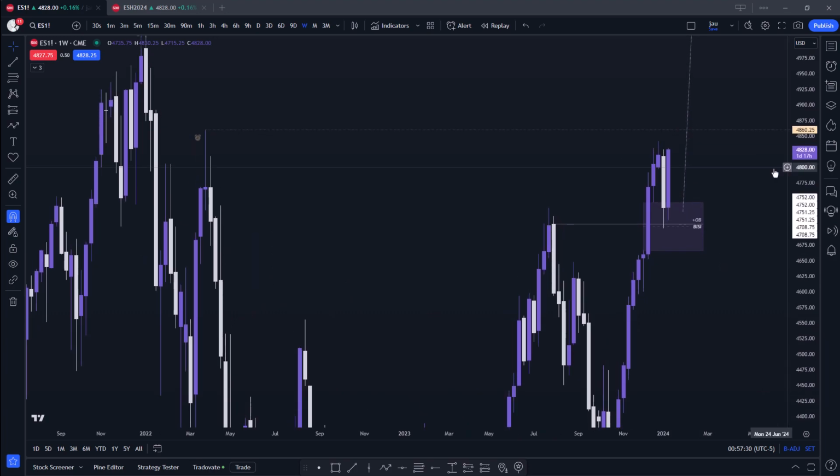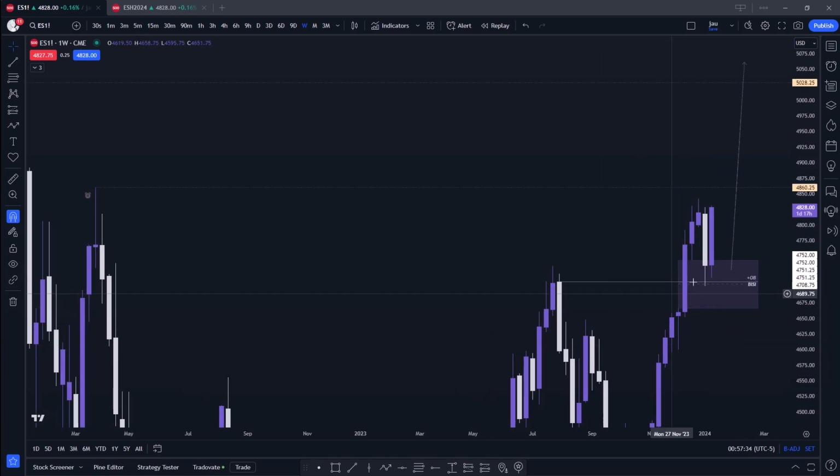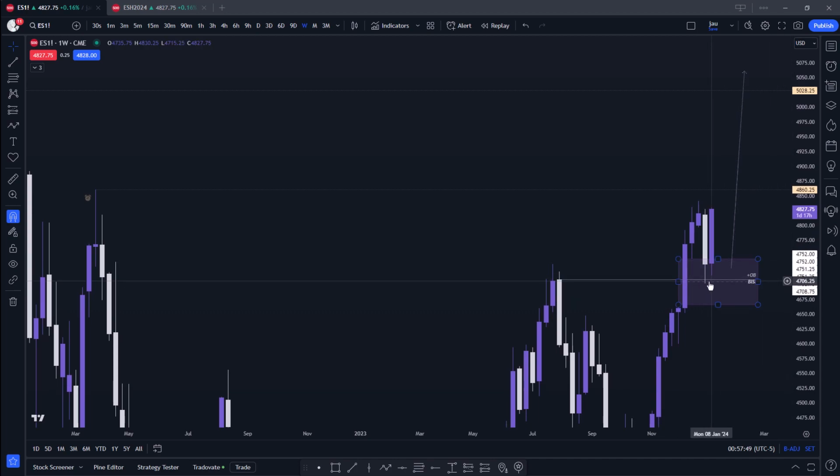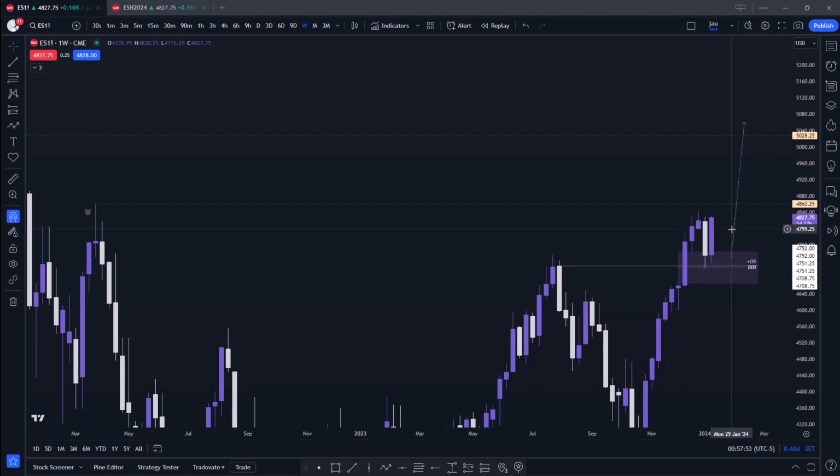We can already see where we rejected from, a buy-side imbalance residing here from the 11th of December, and we had an order block on the far left of it, rejecting from these levels, the consequent encroachment and the order block signifying very bullish price action.